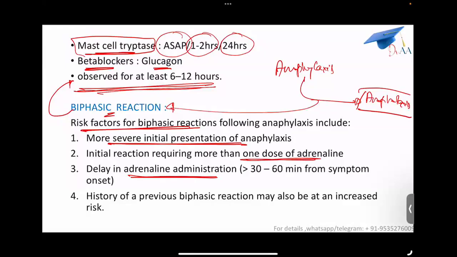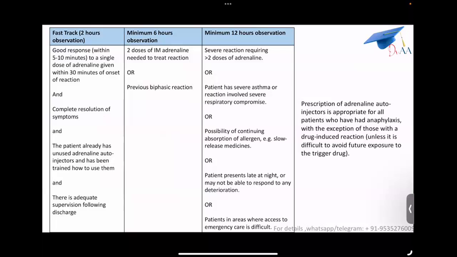For example, for some reason you didn't have adrenaline, or some junior was seeing him and has not given it, for some reason there was a delay beyond 30 minutes. Then we consider it a delay in administration of adrenaline. That also is an increased risk for biphasic reaction. A history of previous biphasic reaction itself is a risk factor for biphasic reaction. That's why we need to admit this patient for observation.